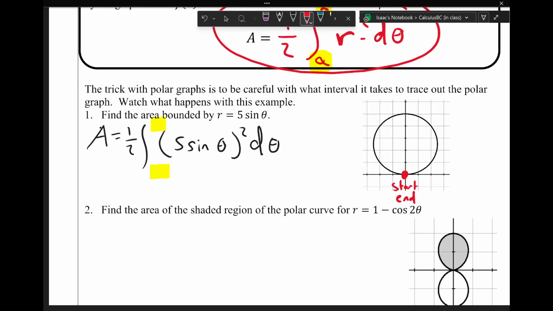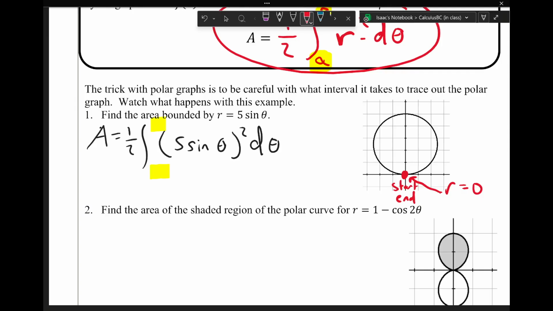I guess in theory you could work with this point, but you're going to have to do even more work to try to figure out that angle anyway. So what is true about this point that's not only going to be my start but also be where I end? How big is r in that? 0. Okay, r is 0.